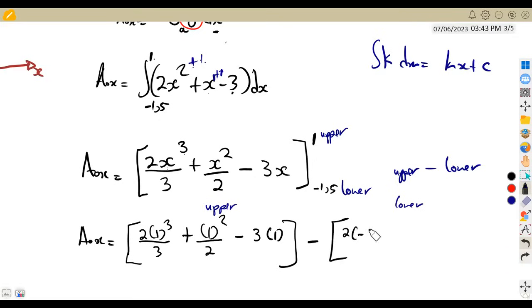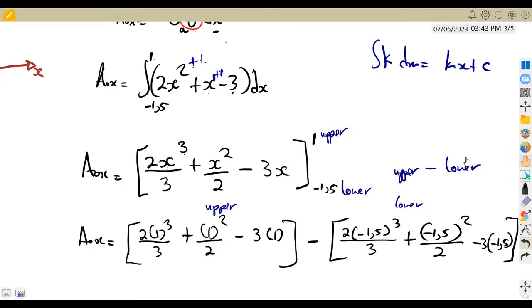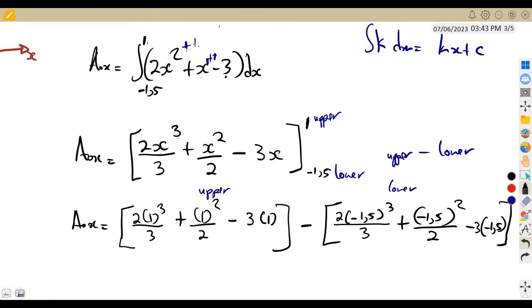So it's 2 times -1.5 cubed over 3 plus, in place of x, -1.5 squared over 2 minus 3 times -1.5. So this is what you're going to do. If we simplify this, we can choose to simplify one part, find your answer, and whatever you get, you subtract from this one, which is fine. You can do it that way.